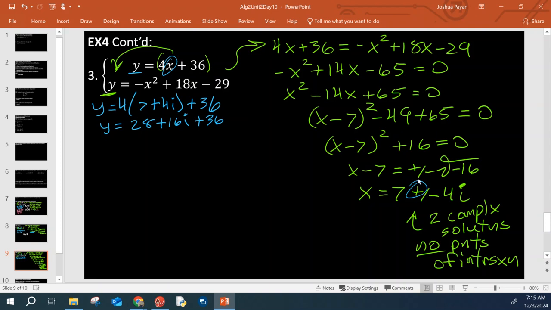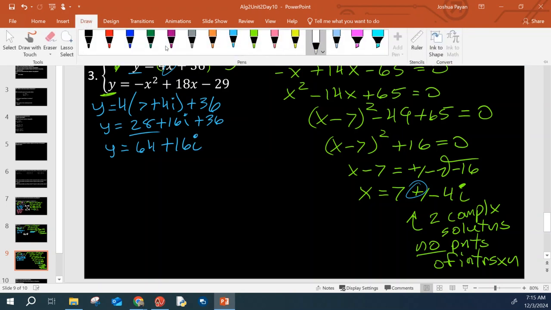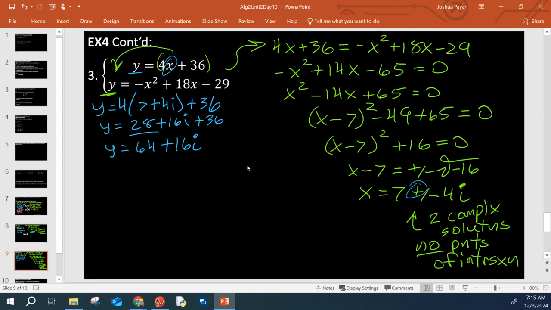Combine like terms, the 28 and the 36. That's going to give me y is equal to 64 plus 16i. So we have our first solution. It's just a complex answer. So x is equal to 7 plus 4i. And y that corresponds to that is 64 plus 16i.